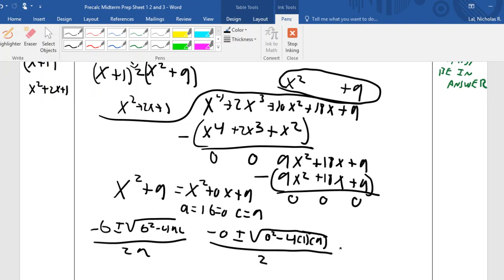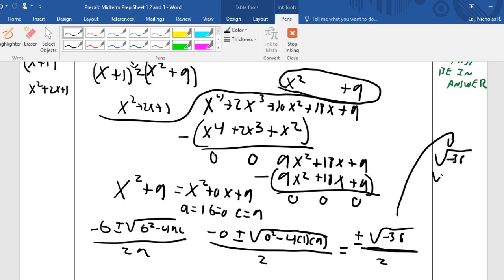So that's equal to plus or minus the square root of negative 36, since 9 times 4 is 36, all over 2. Just as a heads up, the square root of negative 36 is equal to the square root of negative 1 times 36, which is the square root of negative 1 times the square root of 36.